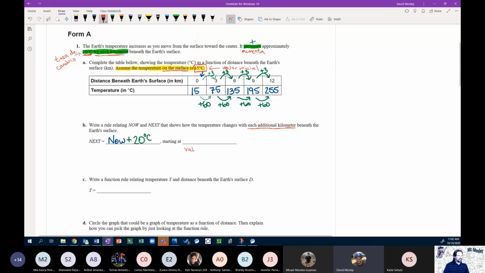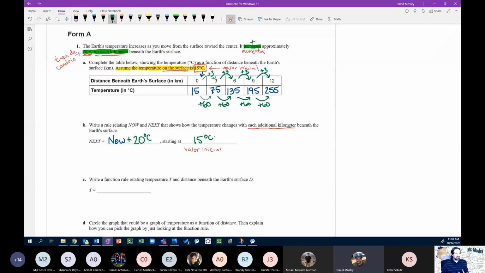What's the valor inicial? $15. Yes, thank you. Starting at 15 degrees Celsius.